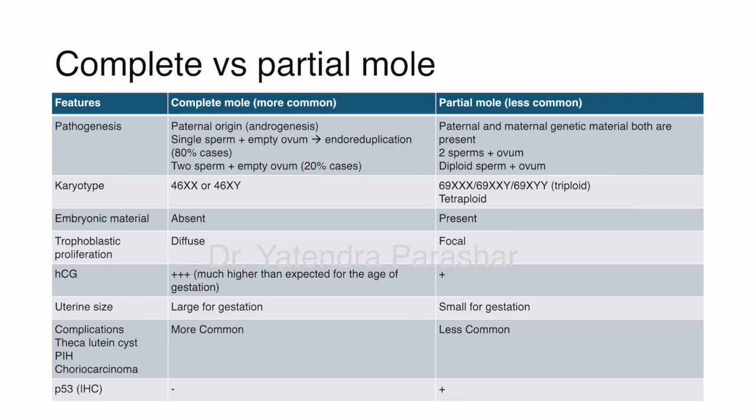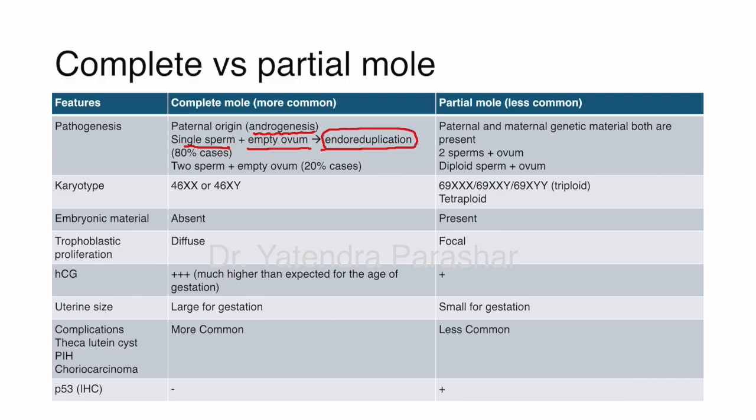These are the differences between the complete and partial moles. Complete mole is of paternal origin, that is androgenesis. It forms either by the fertilization of an empty ovum by a single sperm which undergoes endo-reduplication.